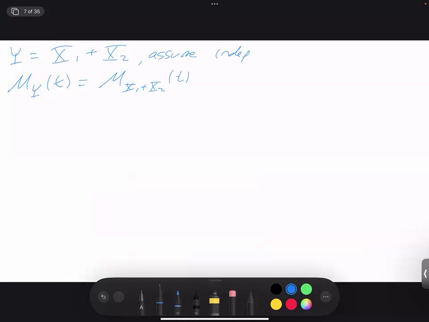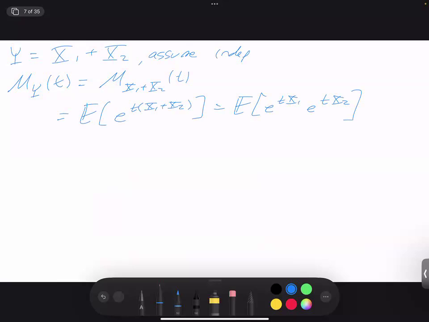Okay, so this is going to become the expected value of e to the t(x1 plus x2), or the expected value of e to the t x1 times e to the t x2.